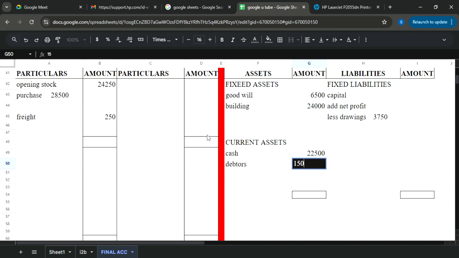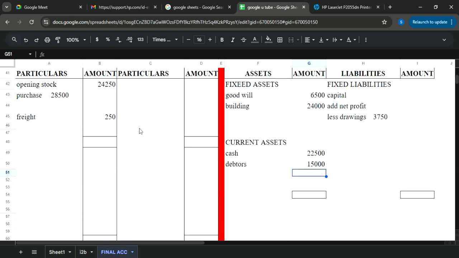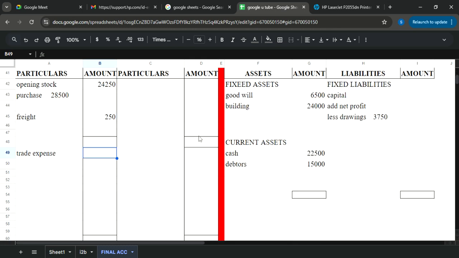Post 15,000 over here. The next item is trade expense. It is an indirect expense. Come over here and write trade expense. The amount of trade expense is 7,000. Just put 7,000 over here.